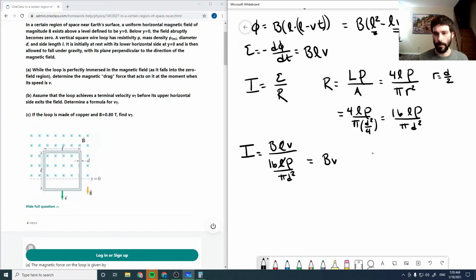So BV pi d squared over 16 rho. And so then there is our current. That's our current given a velocity v.